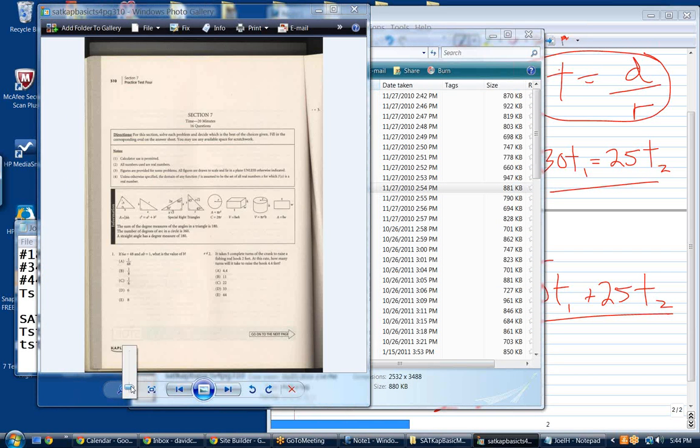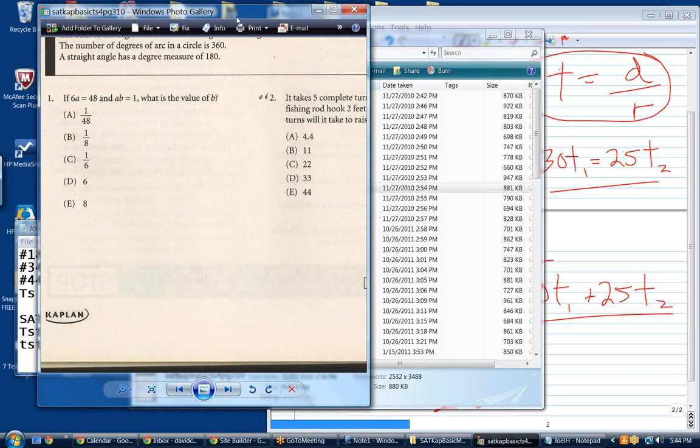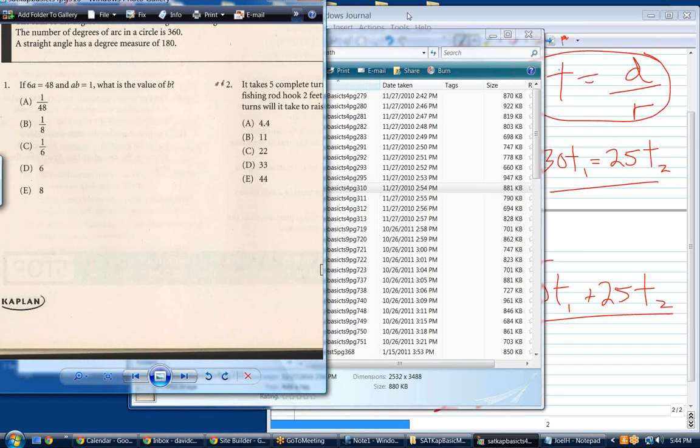All right, we're going to go to section 7, number 1.